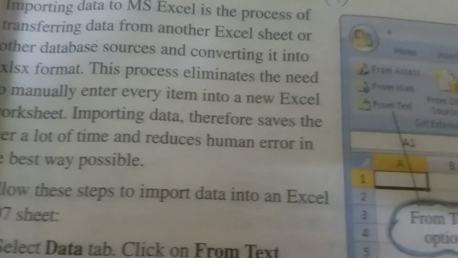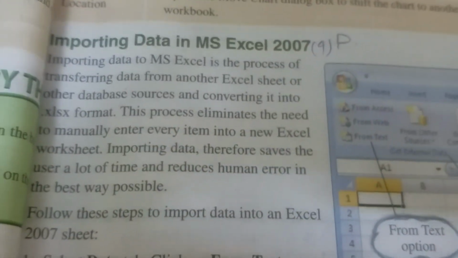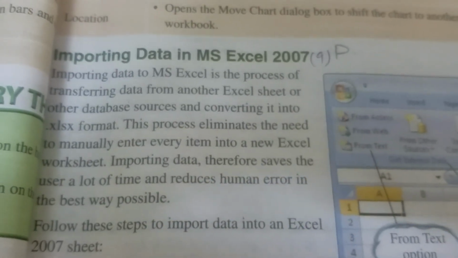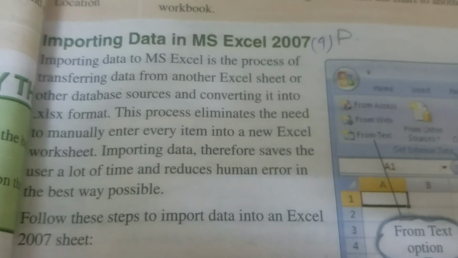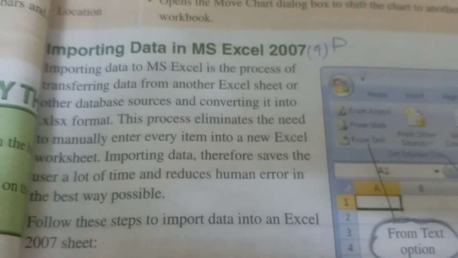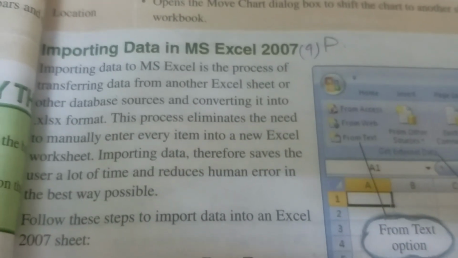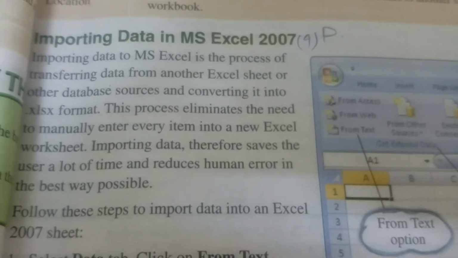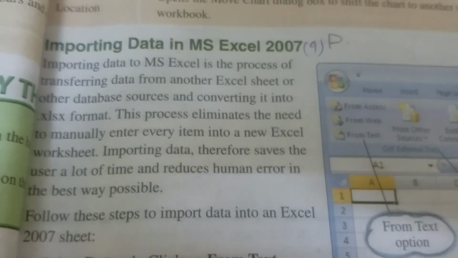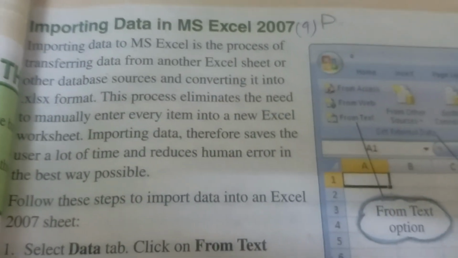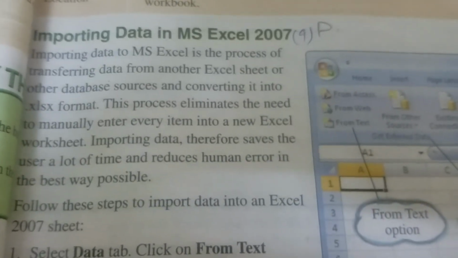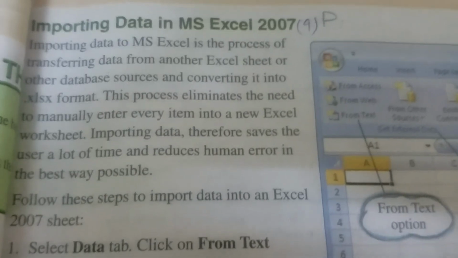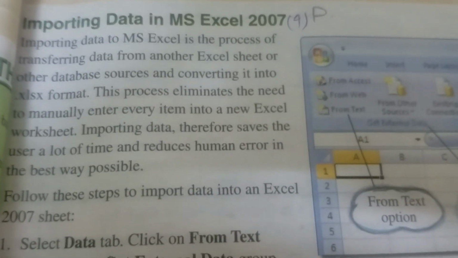Importing data in Excel, page number 29, chapter number 2, class 7. Importing data to MS Excel is the process of transferring data from another Excel sheet or other database source and converting it into XLS format, meaning Excel format. This process eliminates the need to manually enter every item into a new Excel worksheet.